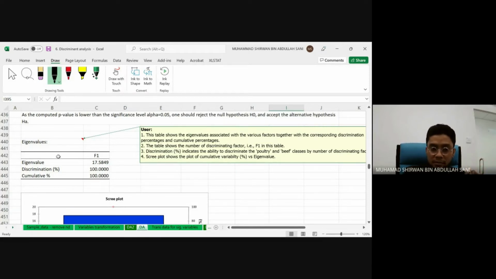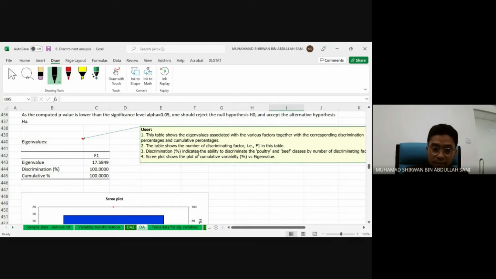But for discriminant analysis, it will directly choose how many factors are able to differentiate beef and poultry. If we compare to PCA, the number of F will be based on the number of variables.